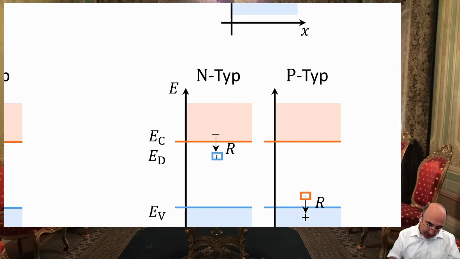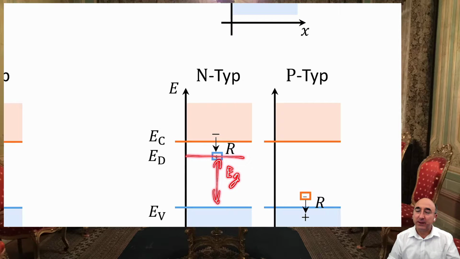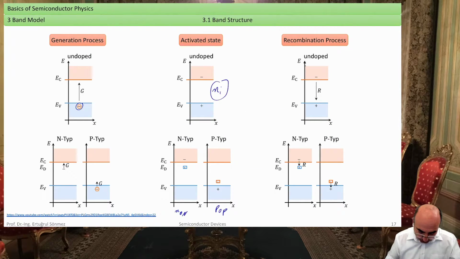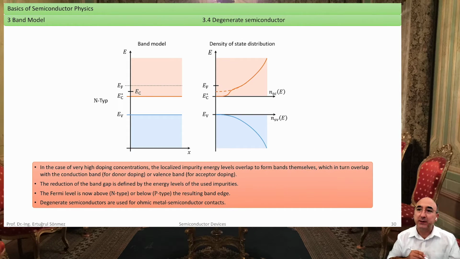So the dopant manipulates the band gap, it lowers the band gap, and therefore you have a situation which you have also in metals. You have the situation that the Fermi level is above the conduction band edge.